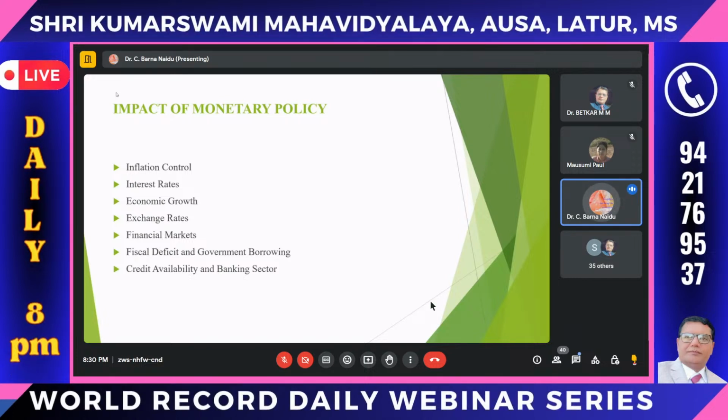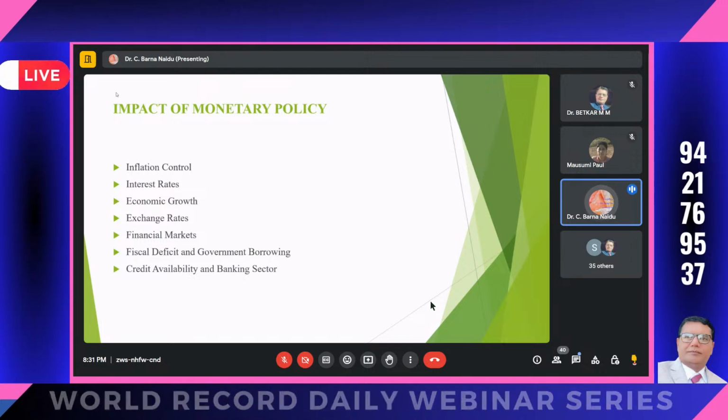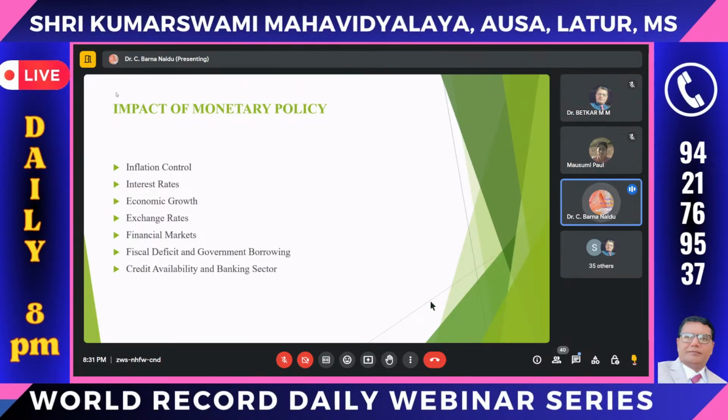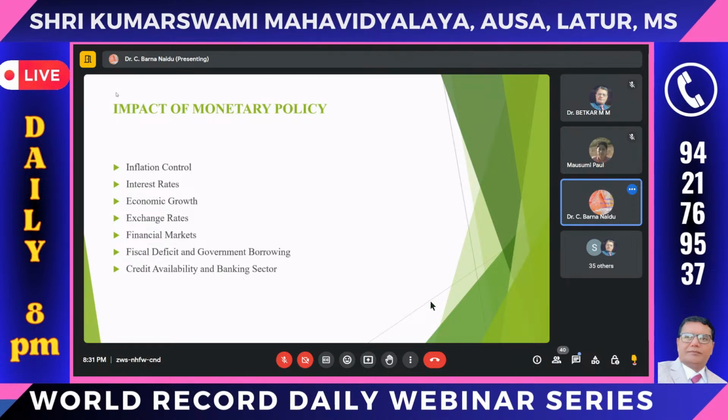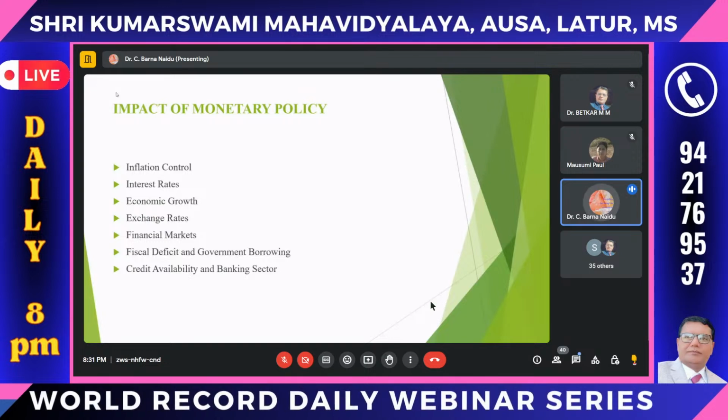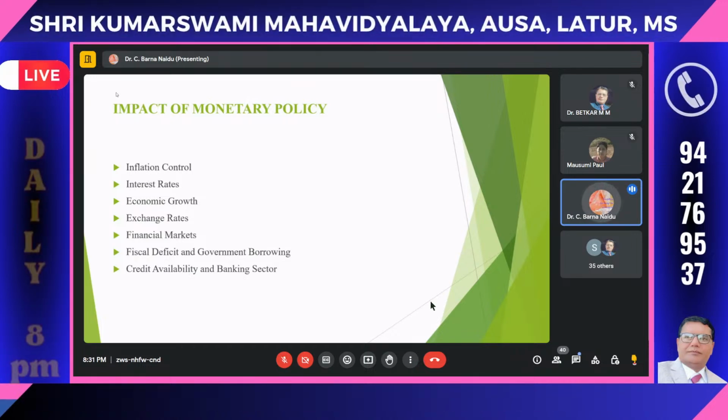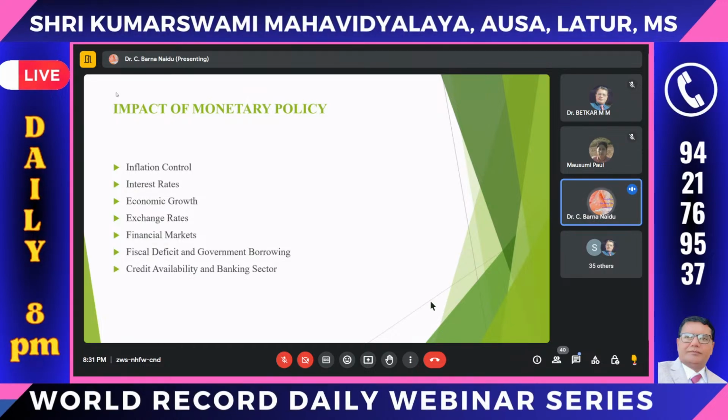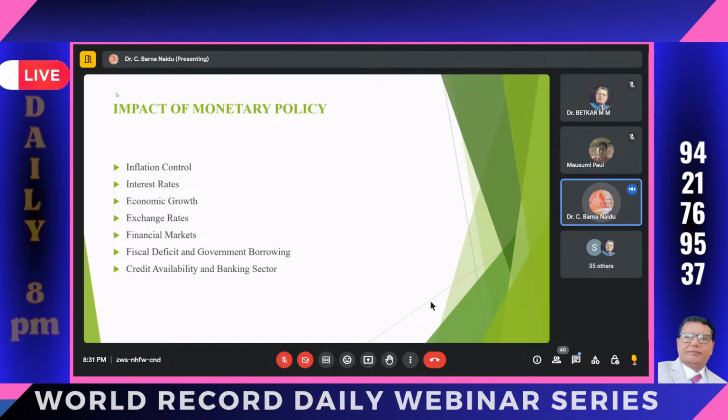So first and foremost, we need to understand that monetary policy is a very significant tool to influence the various aspects related to the money supply. First and foremost is inflation control. The Reserve Bank of India uses monetary policy tools to manage inflation. By adjusting the interest rates and liquidity, it aims to keep inflation within the target range, which is crucial for stable economic growth.